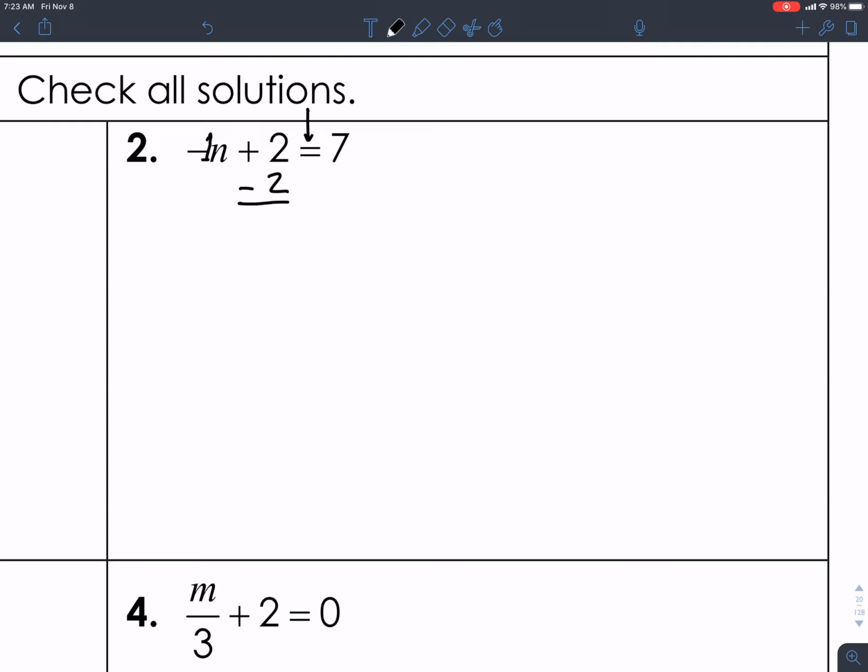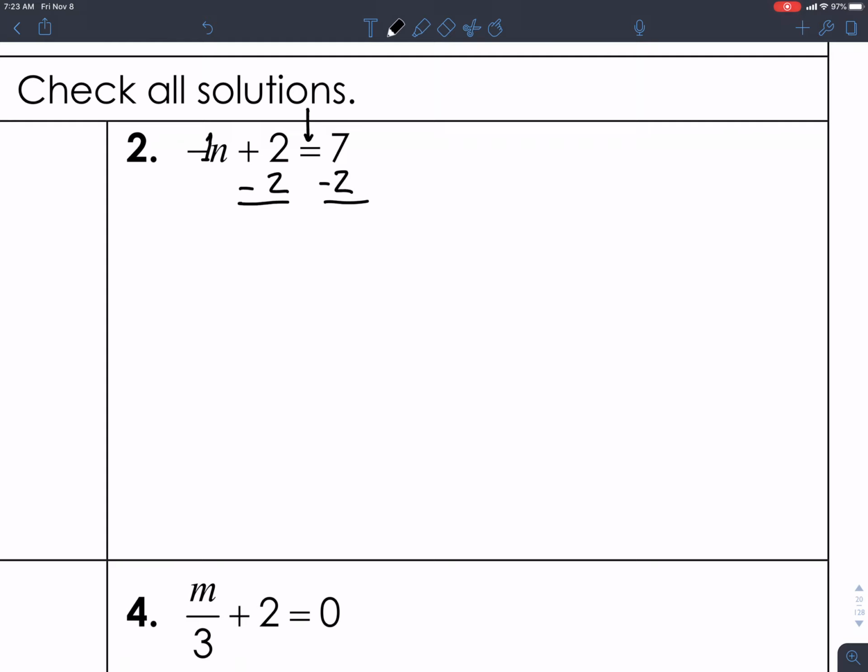The equal sign is the center. I never do the same operation twice on one side. You have to separate them. Remember the seesaw. You don't want to take away 2 kids from one side of the seesaw and leave the other side untouched. You've got to do the same thing on both sides, so I subtract 2 over here.